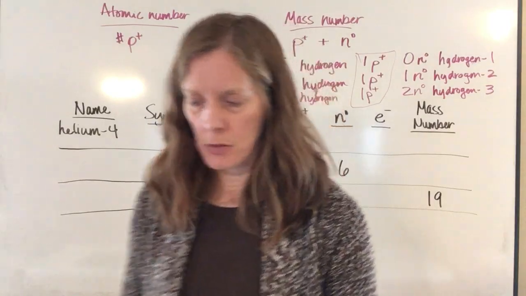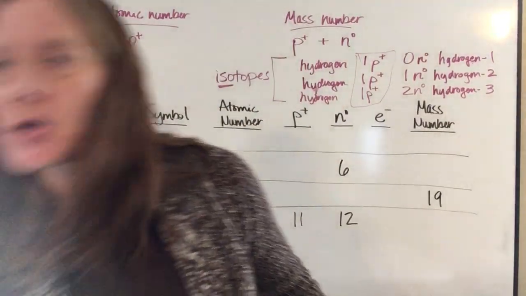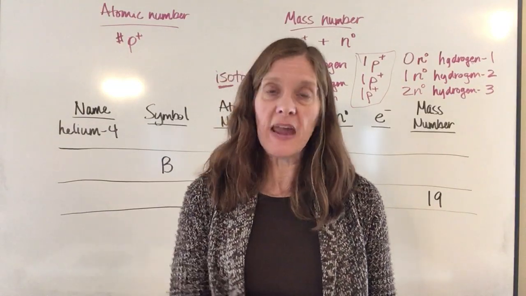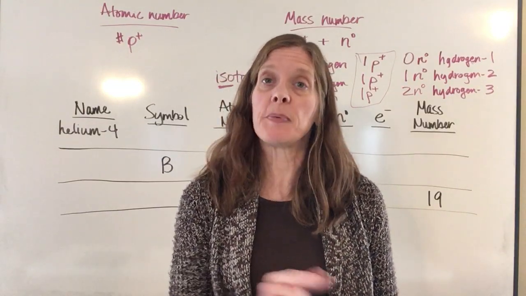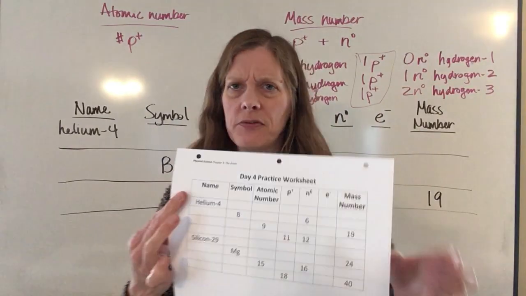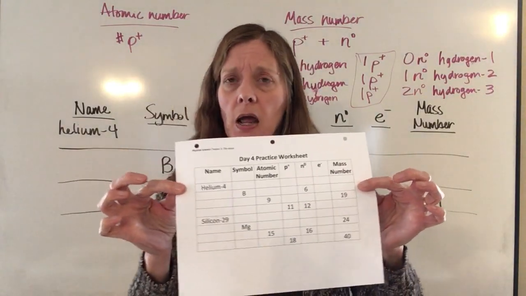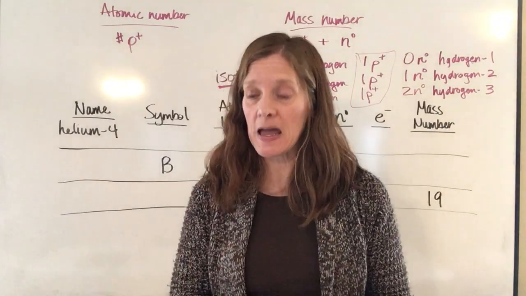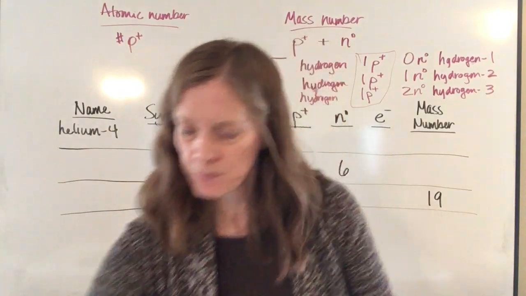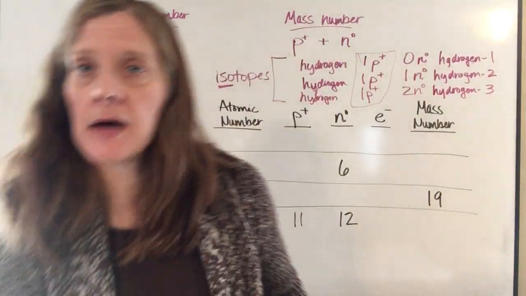Okay, so what we're going to do now is we're actually going to practice. If I have different information, can I figure out other pieces of information from what I have? So I told you that you needed to have the Day 4 practice worksheet available, and so if you'll get that and have that in front of you along with the pencil, we'll go through the first several examples so you can see exactly how to make this work.